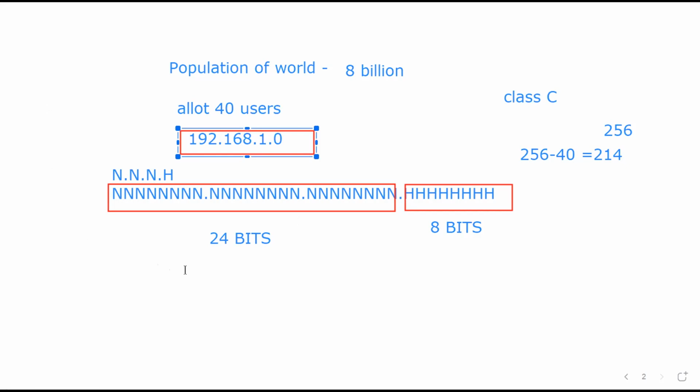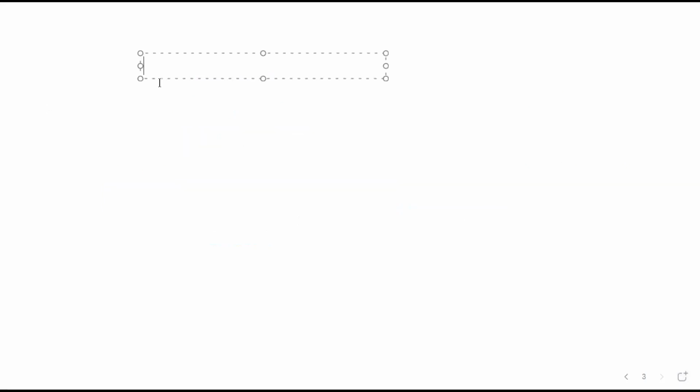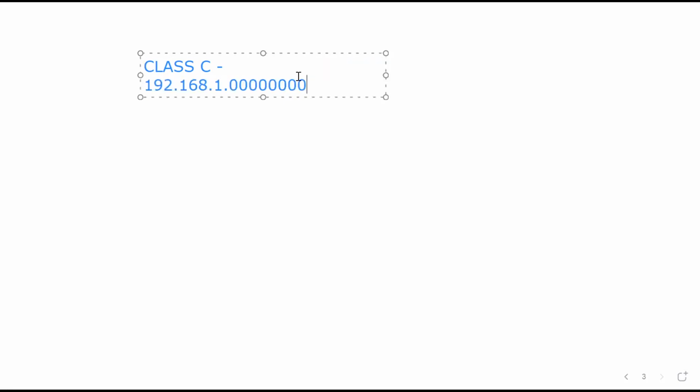So we start with our class C, 192.168.1.0. Shall I write this 0 in 8 bits? 1, 2, 3, 4, 5, 6, 7, 8.